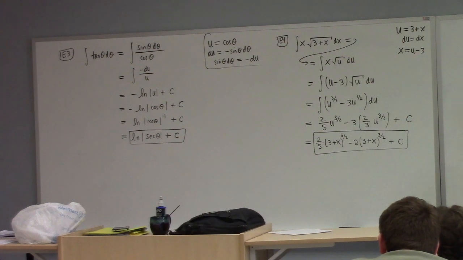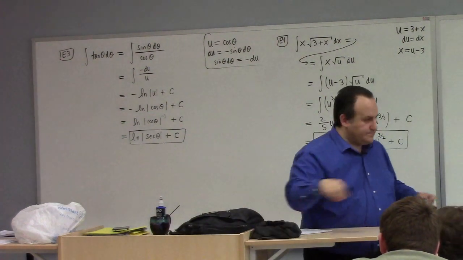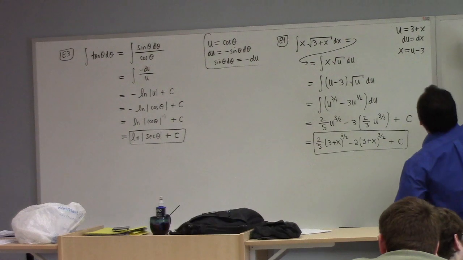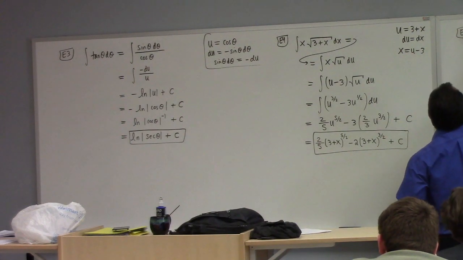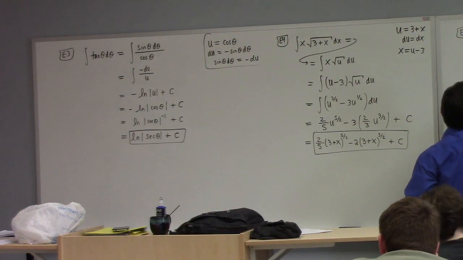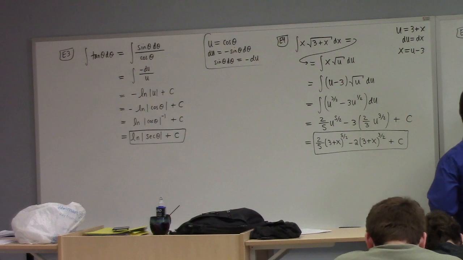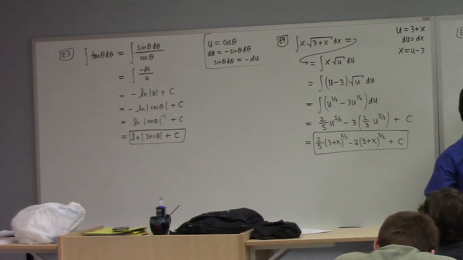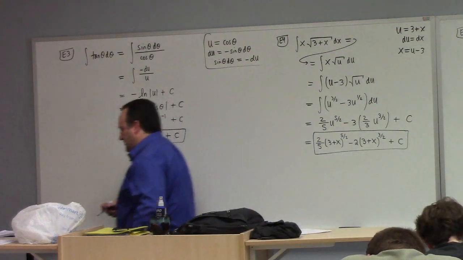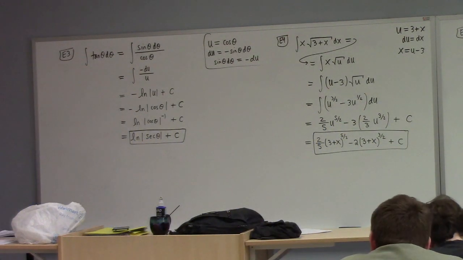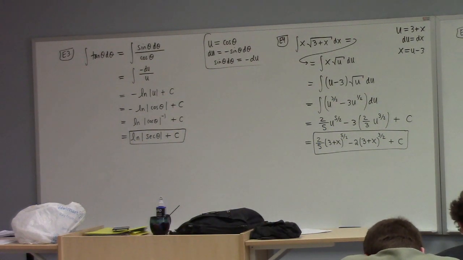How about example 5? What if we're up against, let us say, the integral of ax plus b to the 42nd power dx? Excuse me. What do you think we should do here?